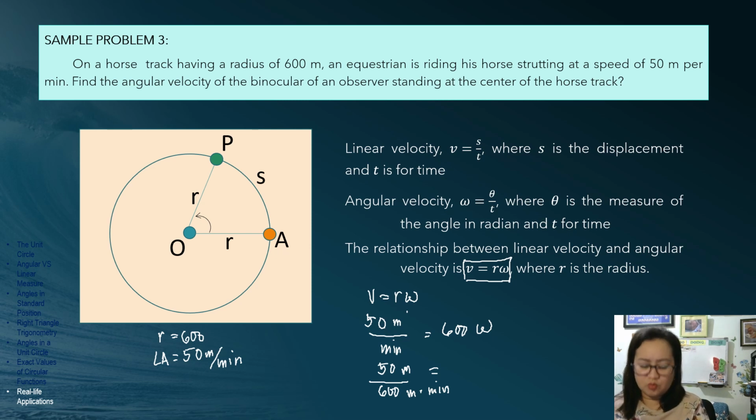That is 1 over 12, so 1 divided by 12. So that means the angular velocity is 0.08333 revolution per minute.